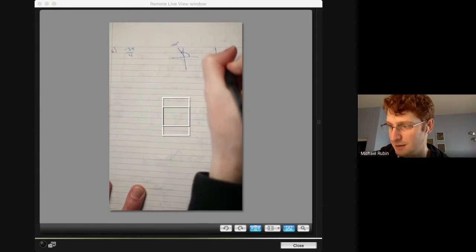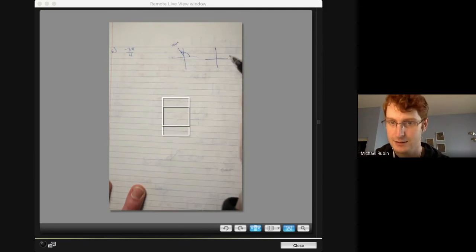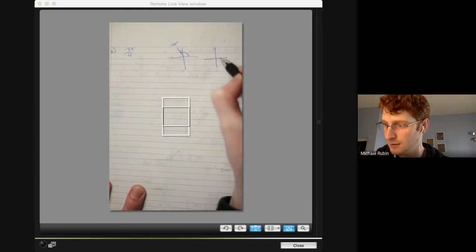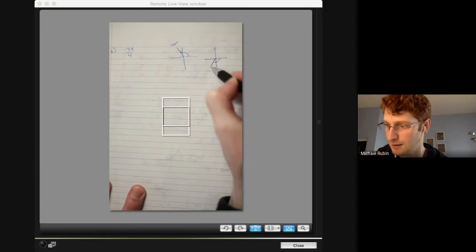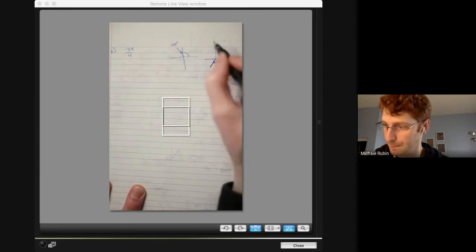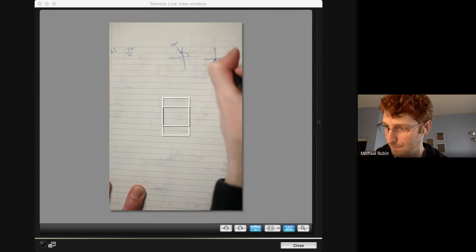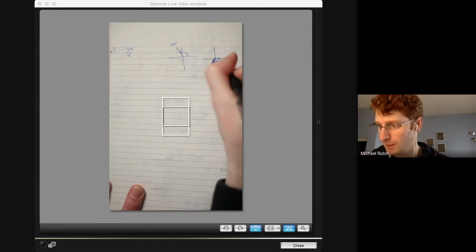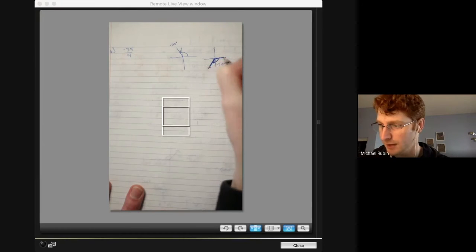So if I had negative 100 degrees, I'd go negative 90 and then another negative 10. If I went this way, that would be negative 100 degrees. I've got my initial side and my terminal side.